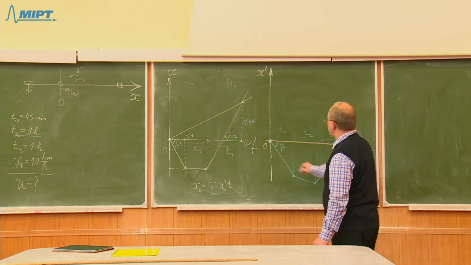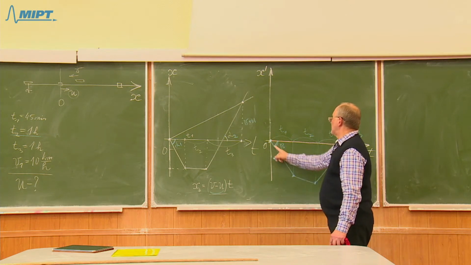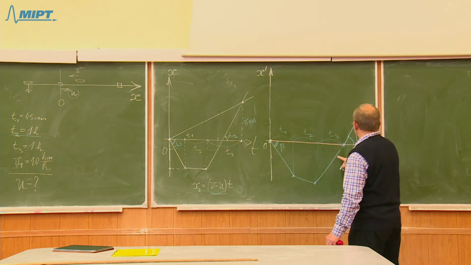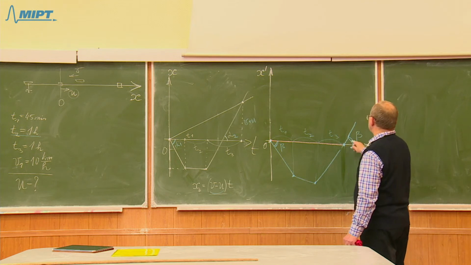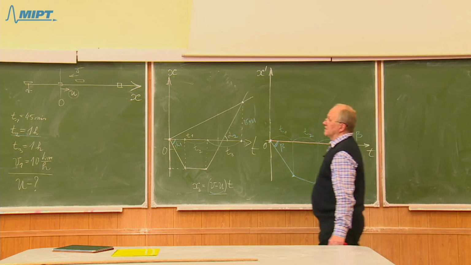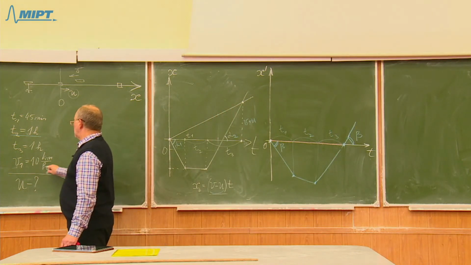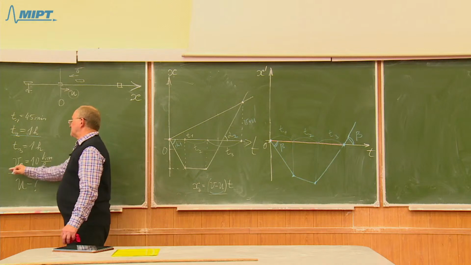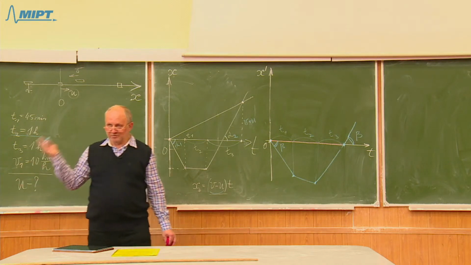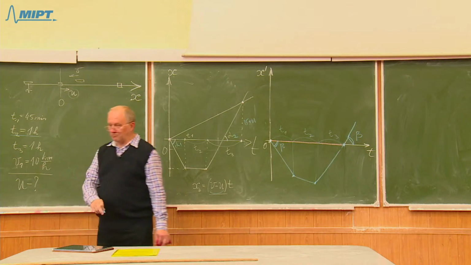And here, this angle represents the speed of the boat with respect to the water surface, and the boat moves at the same velocity with respect to the water surface, irrespective of the direction of its velocity, up the stream or downstream. With respect to the water, the velocity of the boat is the same.